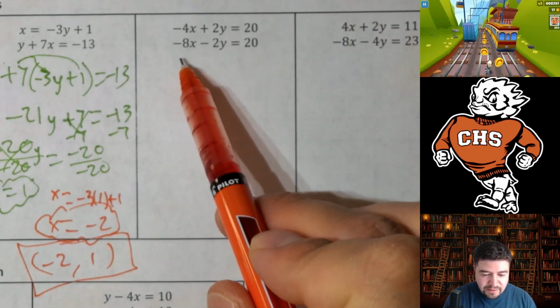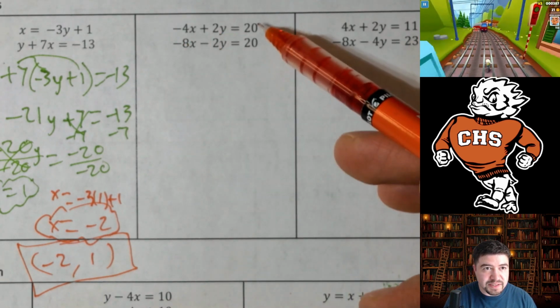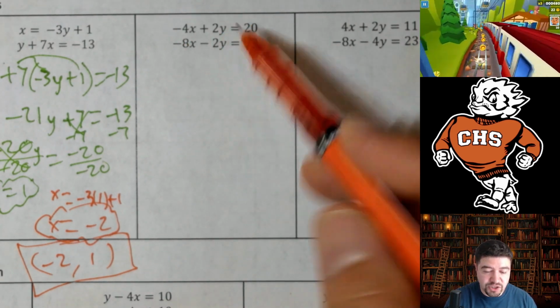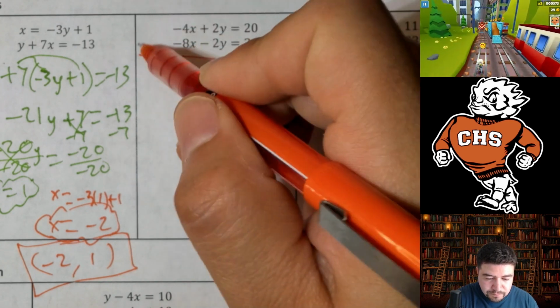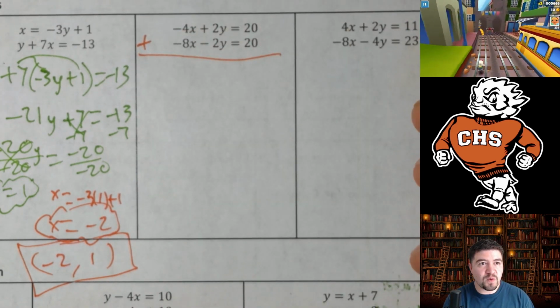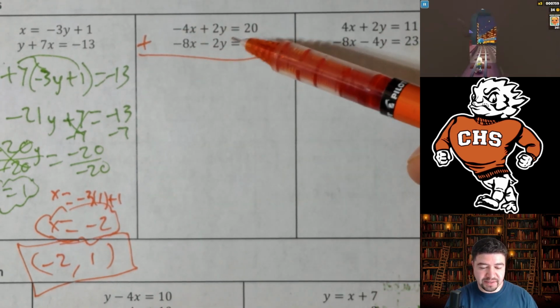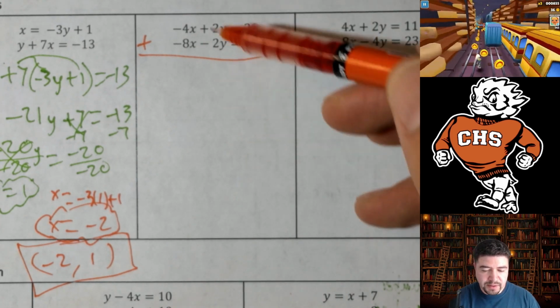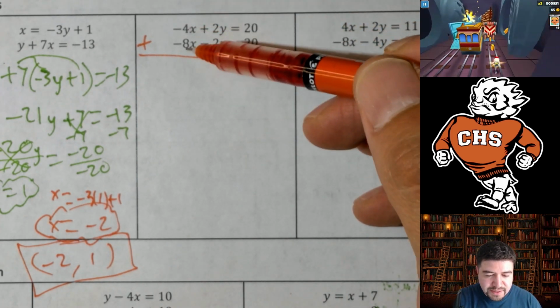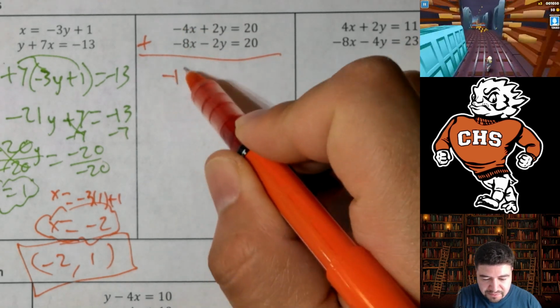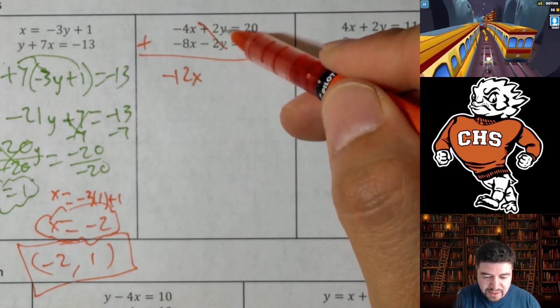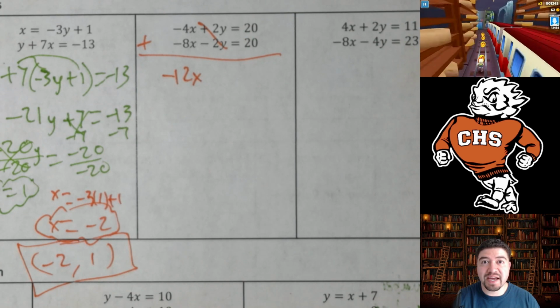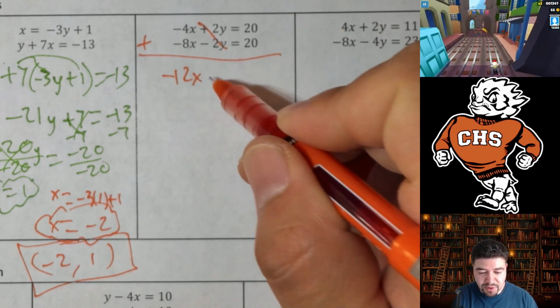We have a system that looks to be perfectly set up for elimination. So we're going to do that. Treat it as one giant problem where you're combining like terms from top to bottom. So negative 4x minus 8x, well, that's negative 12x. It looks like the y's cancel, which is really nice. That's exactly what we want in an elimination problem.